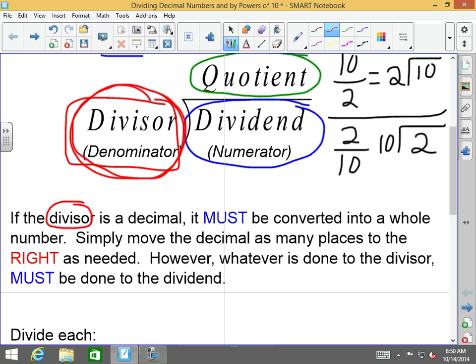However, whatever is done to the divisor, the outside number, must be done to the dividend, the inside number. This is where a lot of my students get confused or get the answers wrong. Whatever you do to the outside number must be done to the inside number.